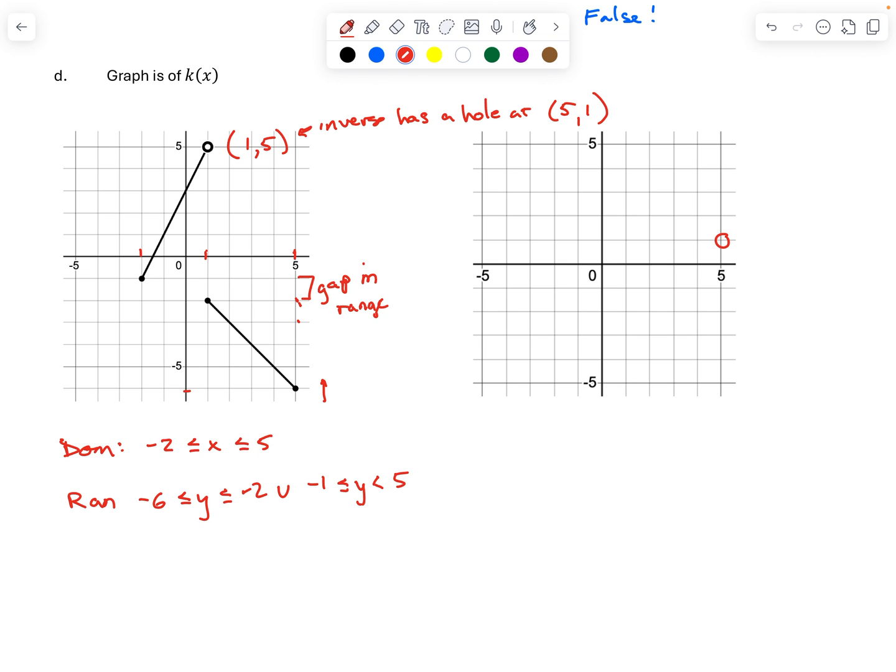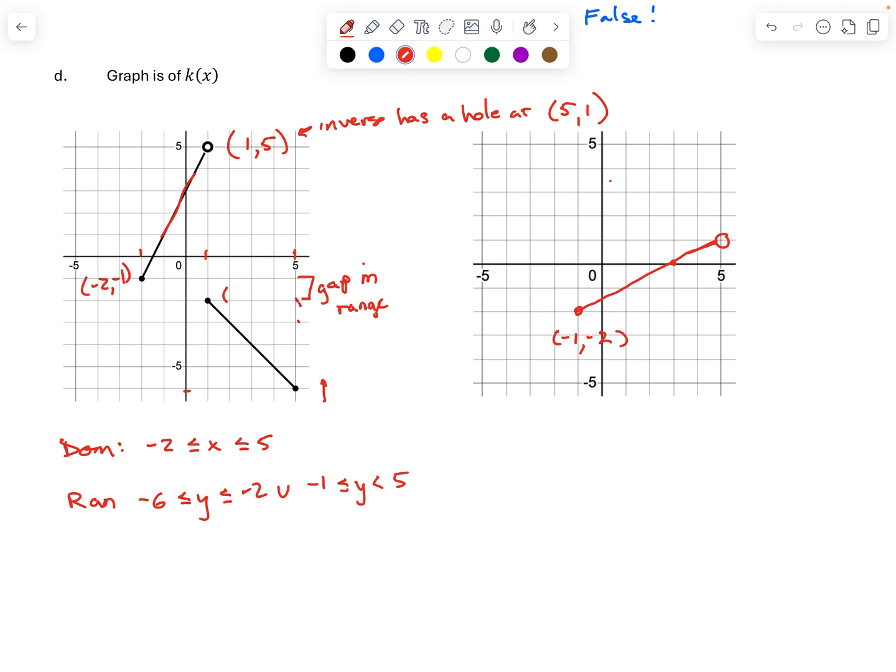Okay, this point is negative 2, negative 1. So the inverse goes through negative 1, negative 2. And it has a little line segment that continues between them, so that's also going to be a little line segment. Notice it'll also cross the x-axis at 3, just like the original crossed the y-axis at 3.